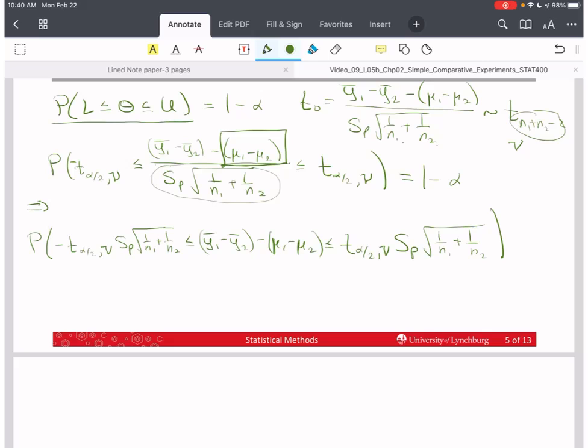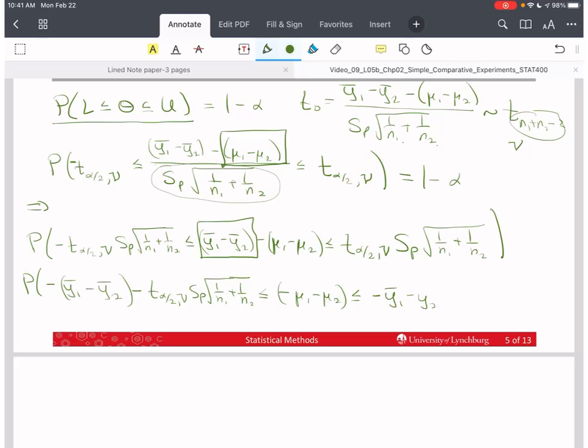And now I will subtract y1 bar minus y2 bar from all sides, and I will put it in the front, so I have a negative (y1 bar minus y2 bar), again the parentheses are very important, minus t alpha over 2 nu s sub p square root 1 over n1 plus 1 over n2, and then in the middle I have negative (mu1 minus mu2), and then I have negative (y1 bar minus y2 bar) plus t alpha over 2 nu s sub p square root 1 over n1 plus 1 over n2.